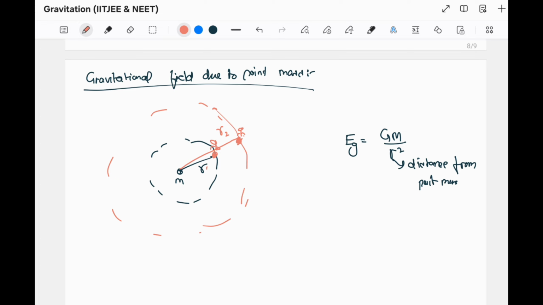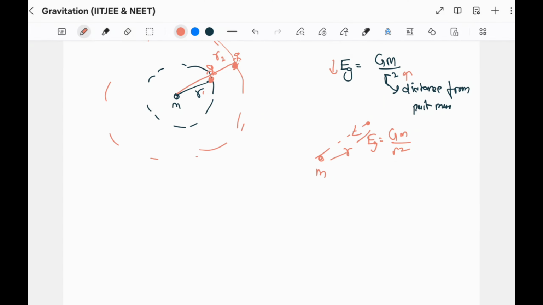So field strength will vary according to radius. Okay. So if radius is bigger, field strength will be less, because it is an inversely proportional relation. If this becomes bigger, it will be less. So when you go further and further away from m, field strength will be reducing. Okay. But it will always be attractive. So this is mass m, and it will always be towards its direction. Okay. That we know. The field strength will be in this direction, G m by r square, if this distance is r.